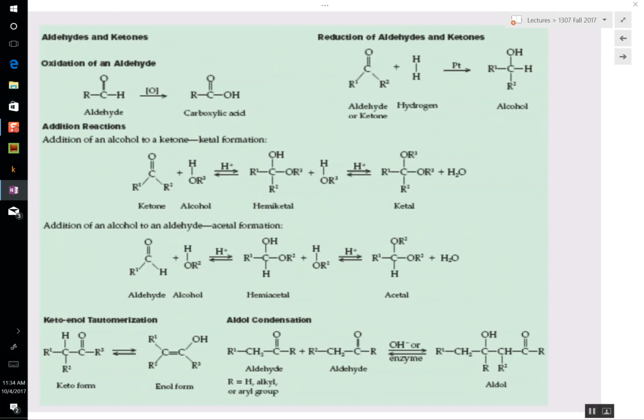Oxidation, addition of an alcohol, reduction. So the main things are oxidation and reduction. Yeah, and you can kind of skip these.